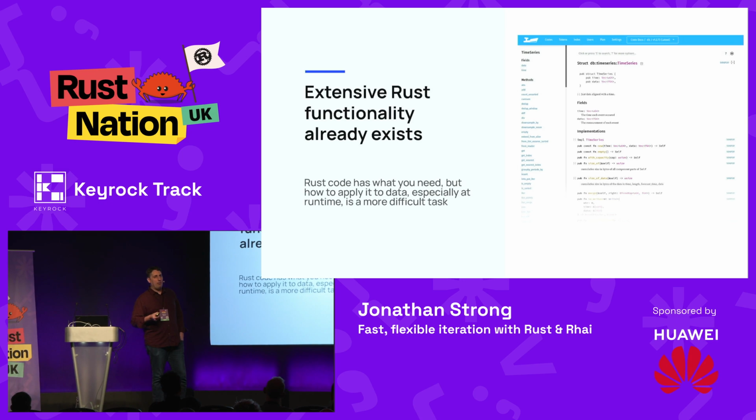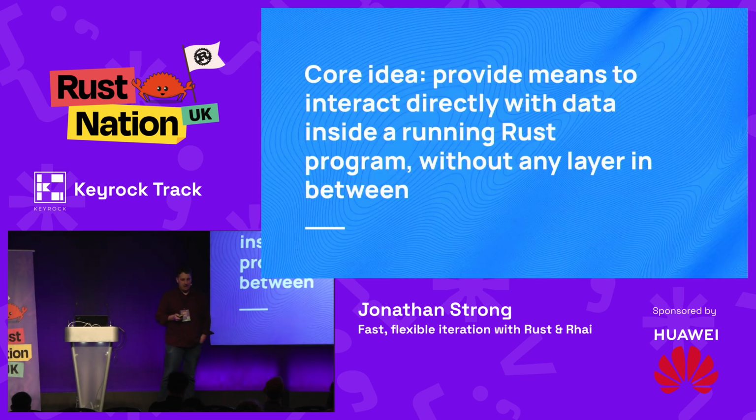A lot of times you have a big Rust program with a lot of stuff that you would love to be able to use, except it's hard to use it on the data that you have at runtime because you'd have to write a whole bunch of Rust code to do that. Maybe the function exists, but the way to use it at runtime doesn't exist yet. You want to be able to do ad hoc analysis with it, but you don't want to have to reinvent the whole wheel over and over again.